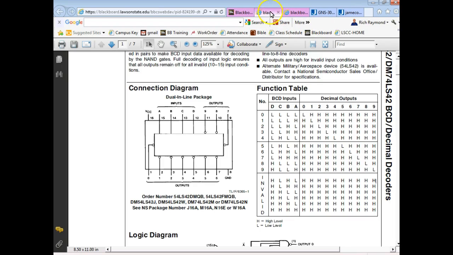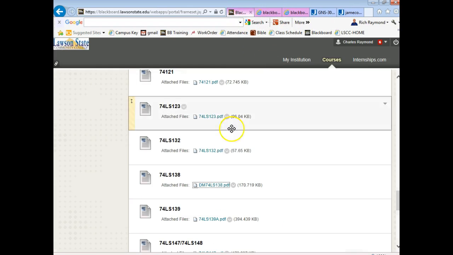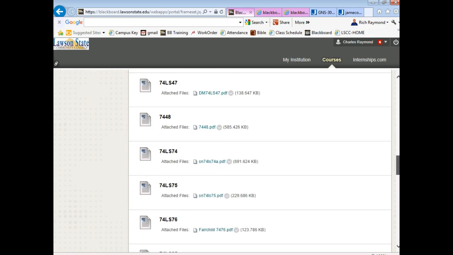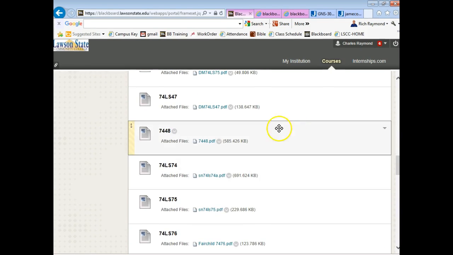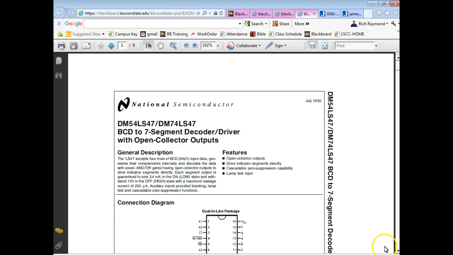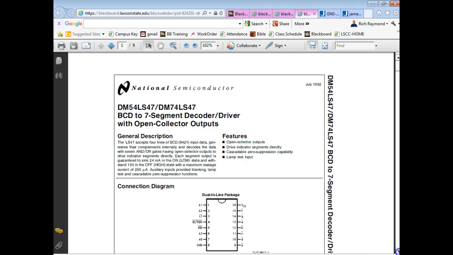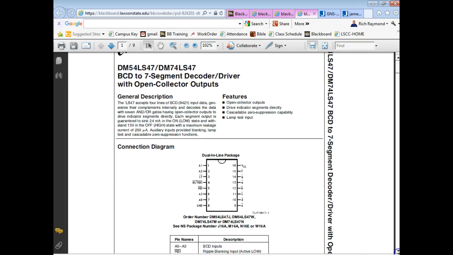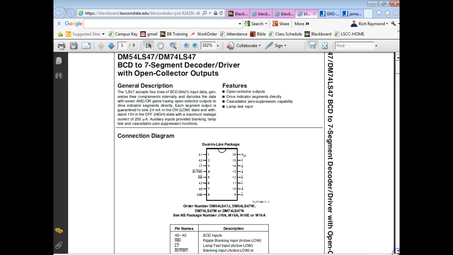Go to 7447, which is a neat guy. This is a BCD to 7-segment decoder, if it loads. This one's a little different.